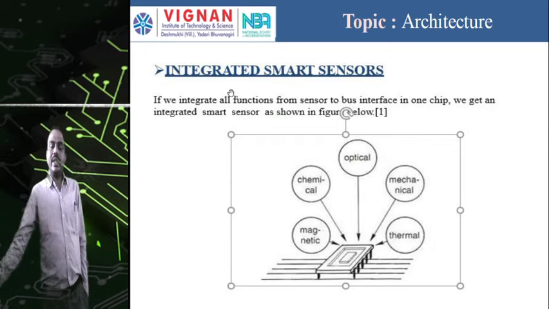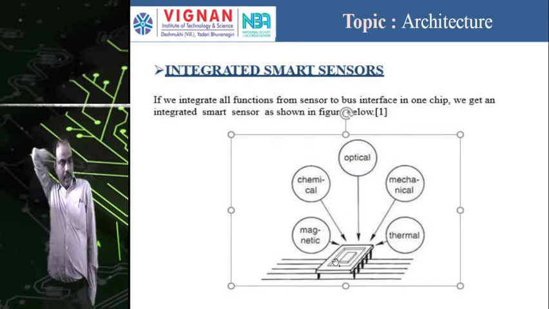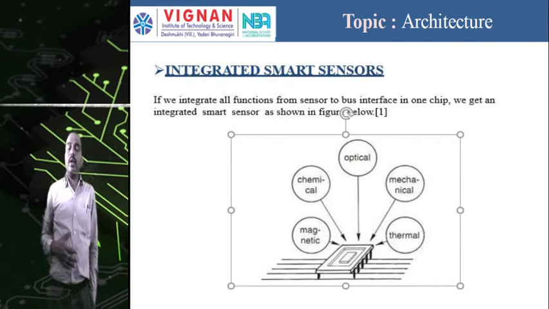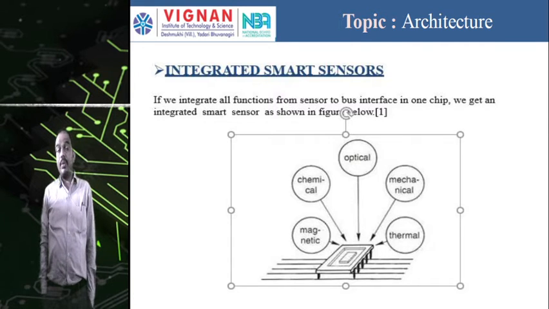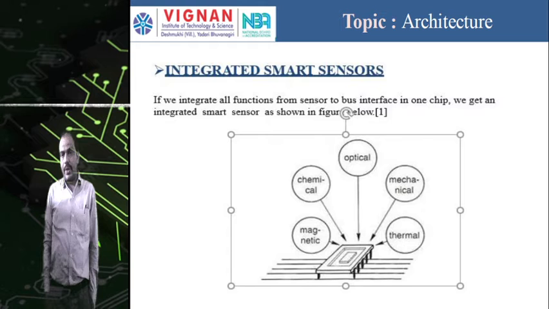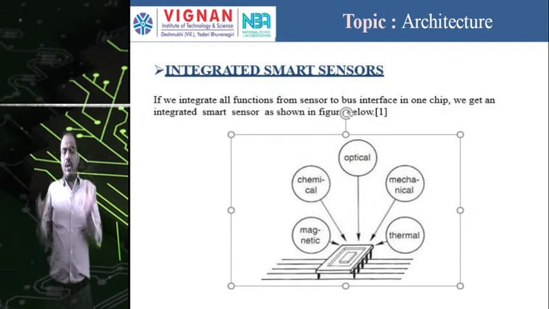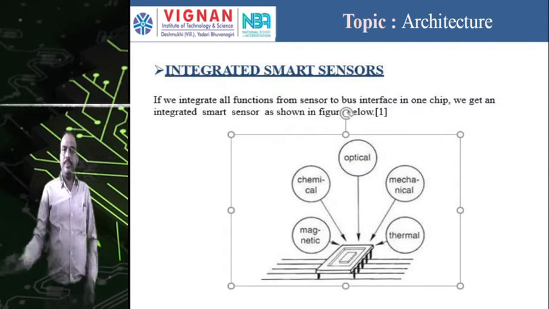That is called an integrated smart sensor. Generally an integrated circuit has more than one component, sometimes thousands or even millions of components, all fabricated in the same chip.